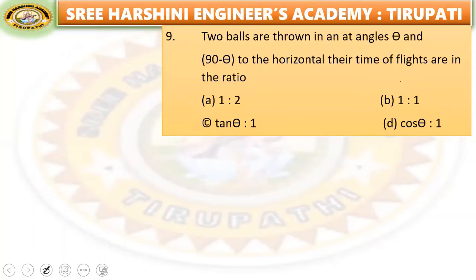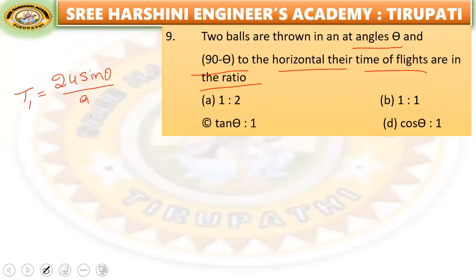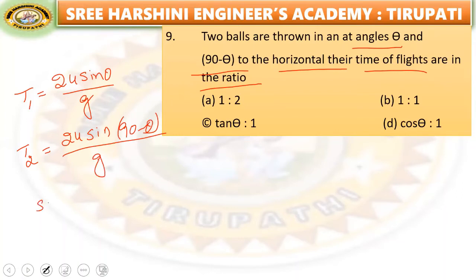Two balls are thrown at an angle theta and 90 minus theta to the horizontal. Their times of flight are in the ratio? So here, what is the time of flight formula? T equal to 2u sin theta by g. Similarly, the second one, T2 is equal to 2u sin of 90 minus theta divided by g. Sin 90 minus theta can be written as cos theta, right?